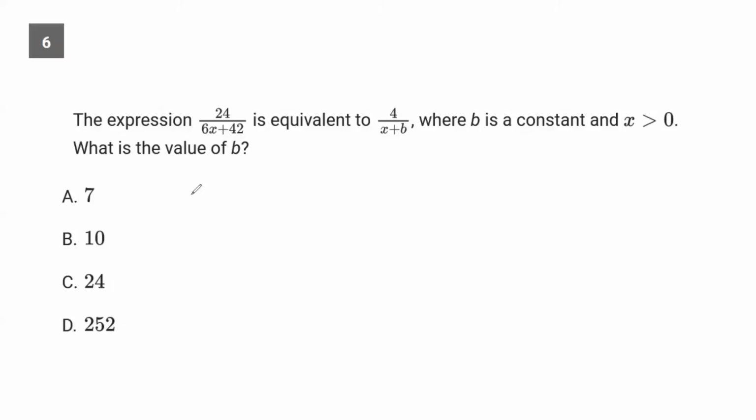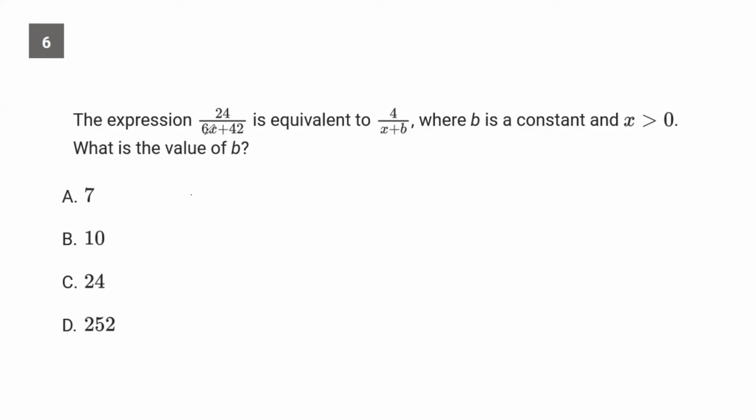The expression 24 over 6x plus 42 is equivalent to 4 over x plus b, where b is a constant and x is greater than 0. What is the value of b? Okay, so for this one, you want to set them equal to each other and then work things out.